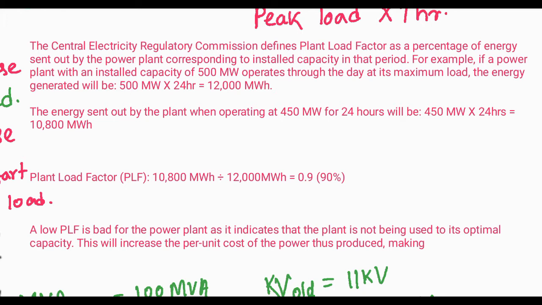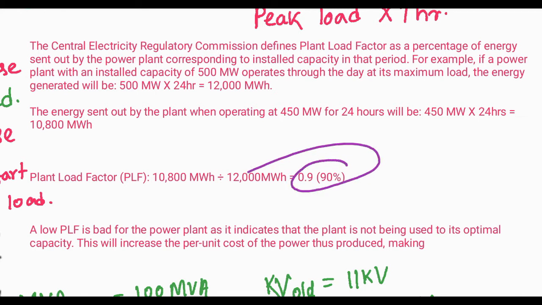So the energy sent out by the plant when operating at 450 megawatt for 24 hour will be 10,800 megawatt hour. This is the example. And what will be the plant load factor? Plant load factor will be the ratio, that is 10,800 by 12,000, and this will be 90%.